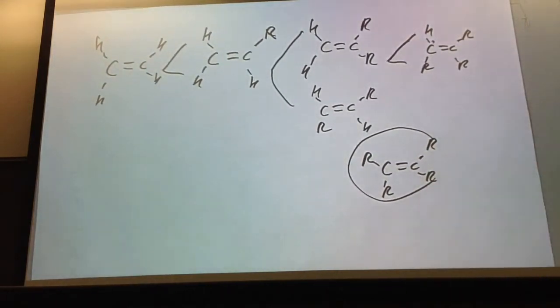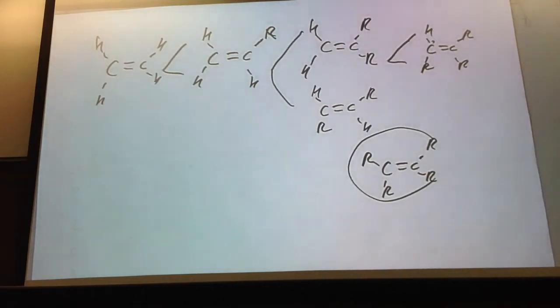So just remember that. If you have a choice to where a double bond goes, make the most highly substituted alkene the product of choice. That's the way it works. Okay? And lots of times you do have a choice. So I'm going to ask you for the major product.